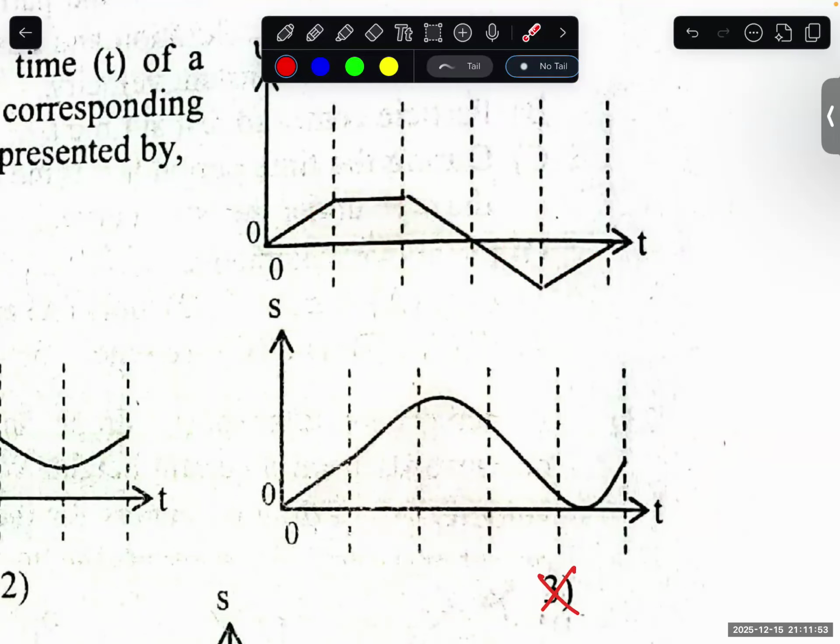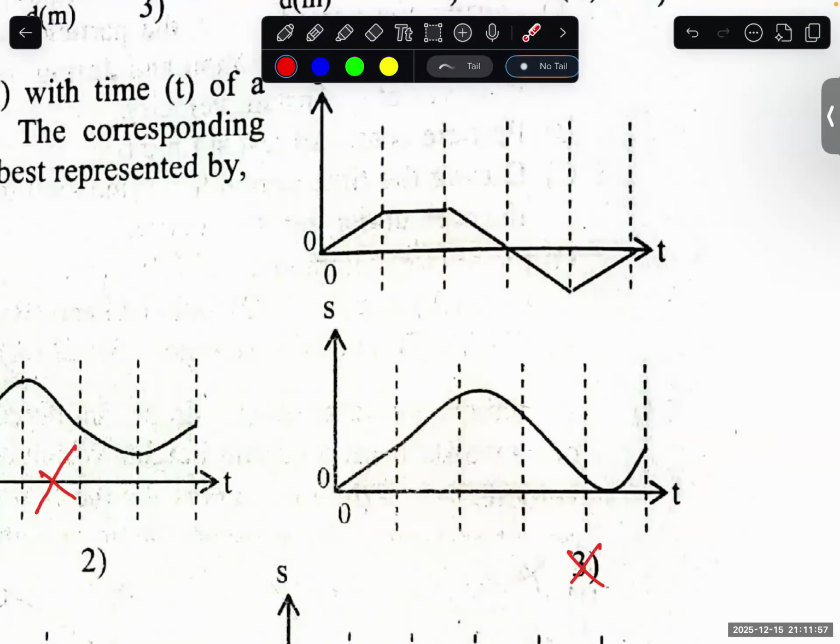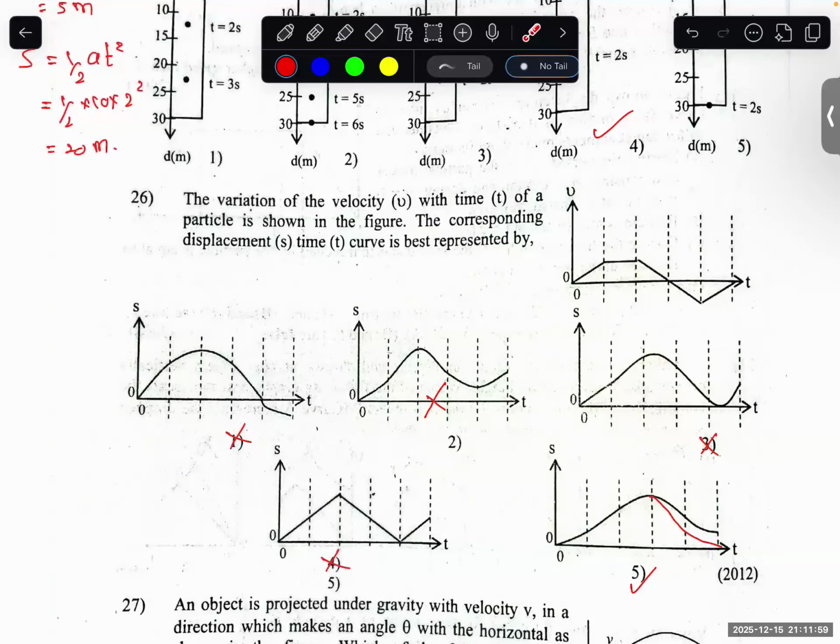So the positive displacement is greater than the negative displacement. So at the end of the motion, there is a net displacement. The resultant displacement is a non-zero value. So therefore the fifth answer should come with a final displacement here.